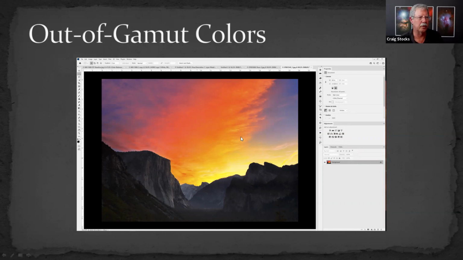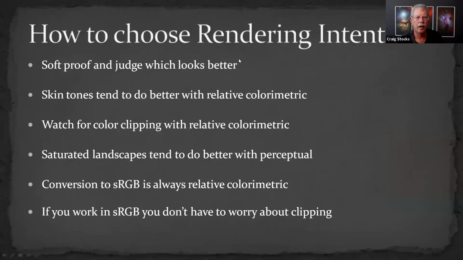But of course, if you're using sRGB, that'll almost never happen to you. That only happens if you're using one of those larger color spaces and then have to compress it for printing. So you can soft proof and judge whichever looks better. I've heard people say that skin tones tend to look better with relative colorimetric, but you do have to watch for color clipping.